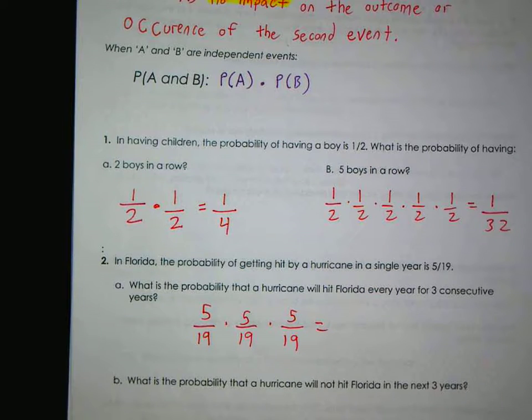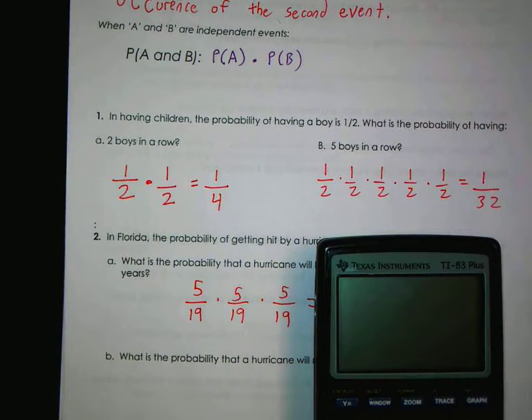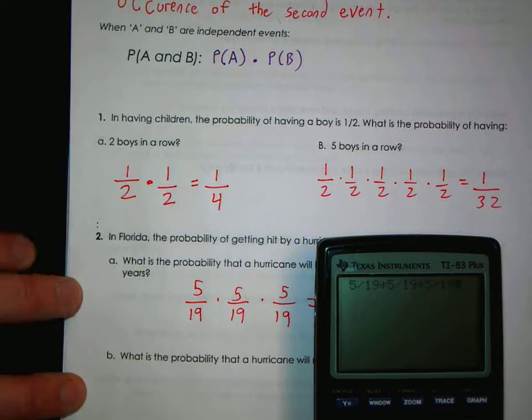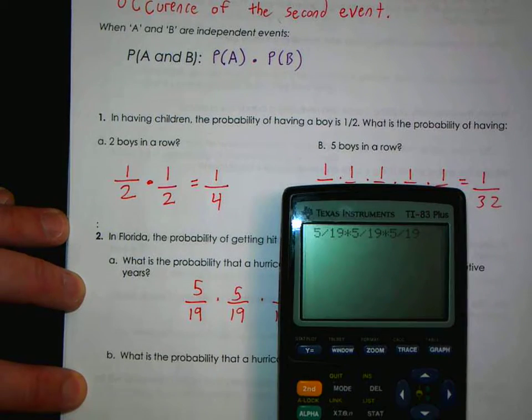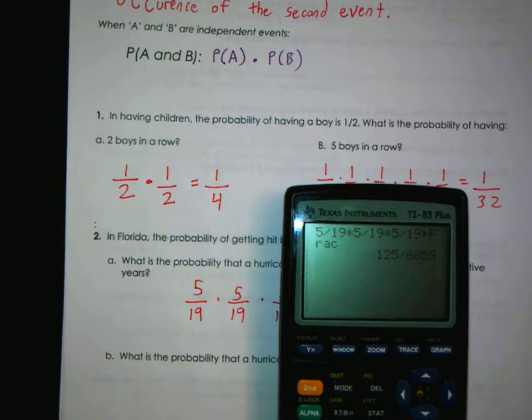And I don't know if you know this, but a lot of my students aren't a fan of fractions. You could just type it in, 5/19 times 5/19, right? And then just go math, fraction. And it'll simplify it for you if you wanted to.